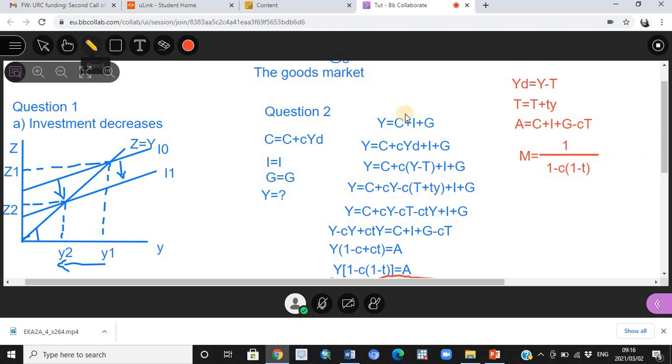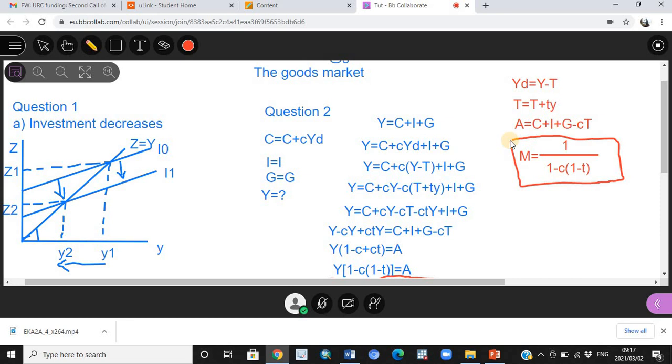The question can be, all right, but in our textbook we have a different multiplier. In fact, this is what I was saying earlier. Depending on the type of givens that we have, for example taxes or imports, our multiplier can change.